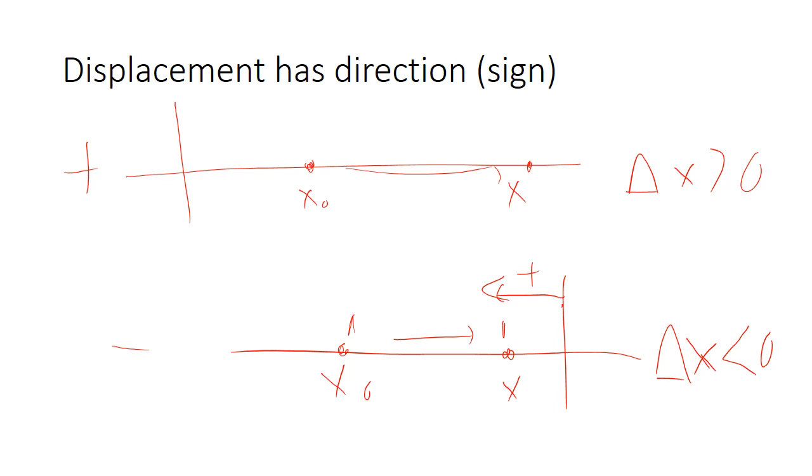How can I have positive and negative displacement that's really the same thing? Well, it has to do with your coordinates. You pick an origin and you pick which direction's positive. If it's moving in the direction you said was positive, that's positive displacement. If it's moving opposite the direction you said was positive, that is negative displacement. It doesn't really matter where you put the origin. If you have a ruler, you can lay the ruler down one way or lay the ruler down the other way, and you're going to get numbers going bigger one way or bigger the other direction just by how you set the ruler down.